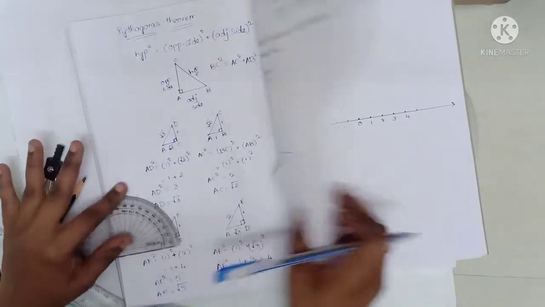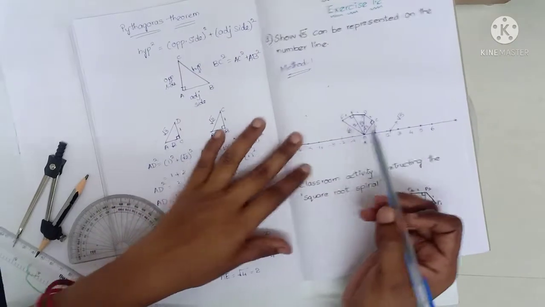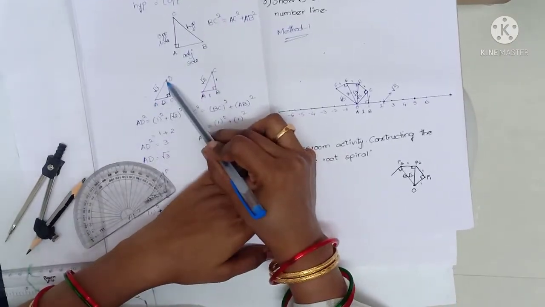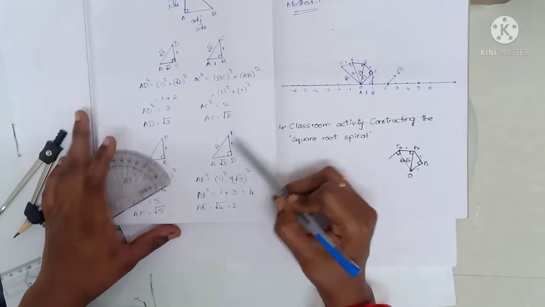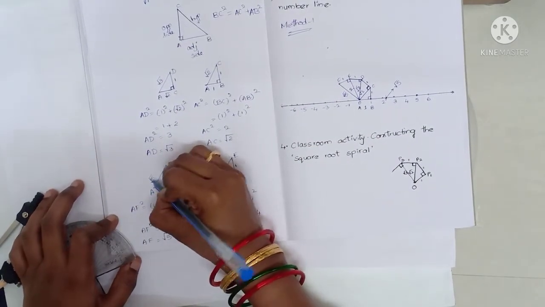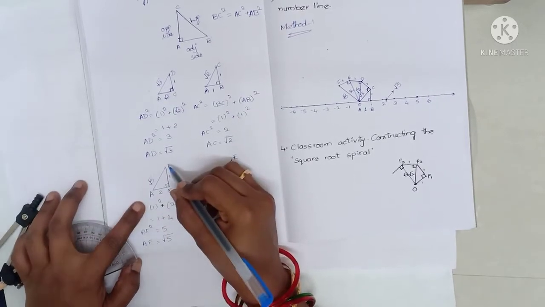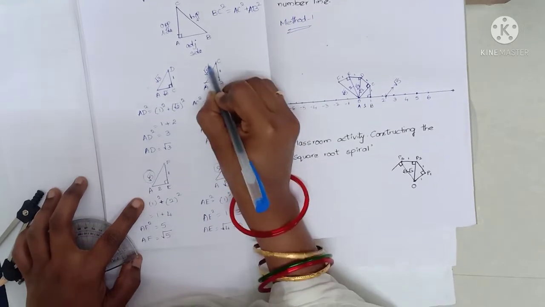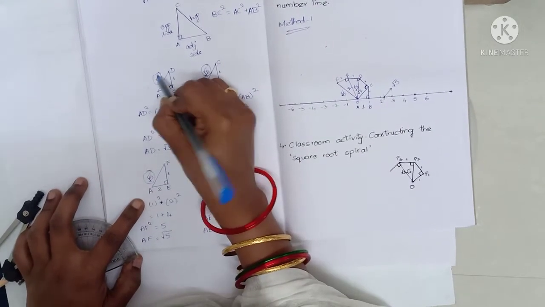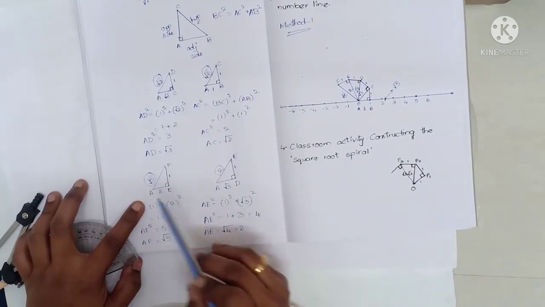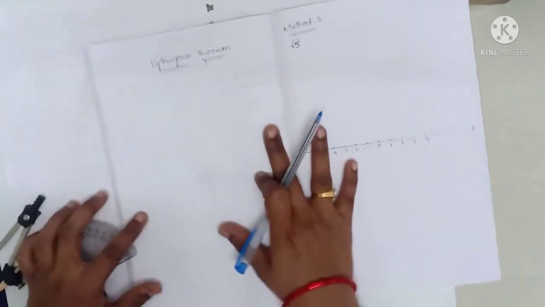Children, in the previous method, if you observe, every time root 2 is the hypotenuse. Again root 3 is also the hypotenuse. Root 4, that is 2, is also the hypotenuse. Again here root 5, AF, is also the hypotenuse. We are getting the length which we are locating on the hypotenuse side. At the hypotenuse side you are getting root 2, root 3, root 4, root 5. Remember this, children.